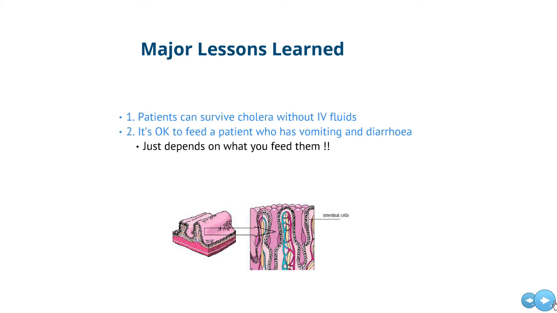But we learned that if you use simple solutions, then the GI tract can absorb these nutrients. They'll be absorbed through the wall of the enterocytes and taken up into the capillary circulation, where then they can go on and be part of the systemic circulation and contribute to the necessary bodily processes.